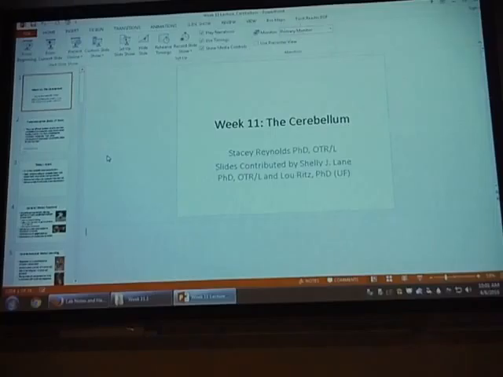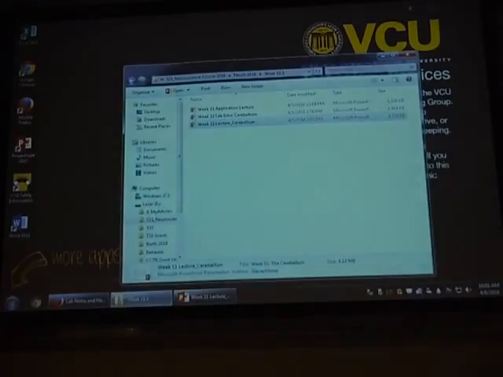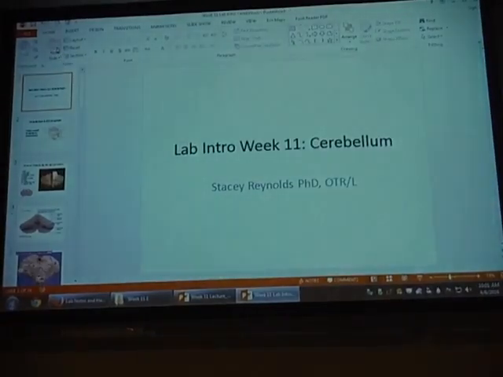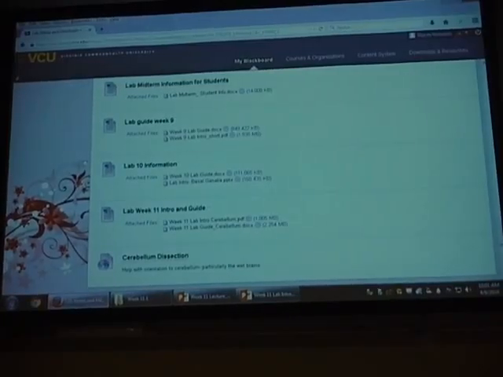So I'm going to do a quick lab review, but any questions about lecture content? Lab today, if you are able to, I'm going to try my best to orient you to the cerebellum in pictures. And there's pictures on your lab guide.